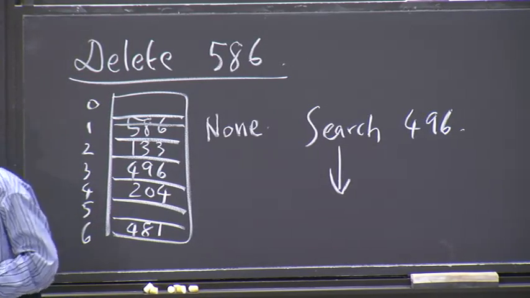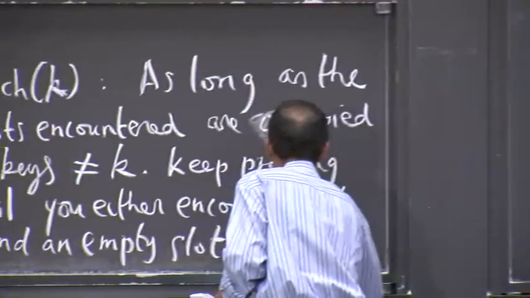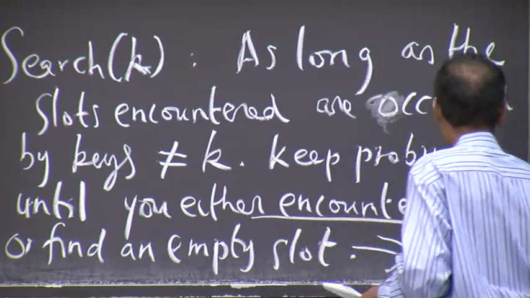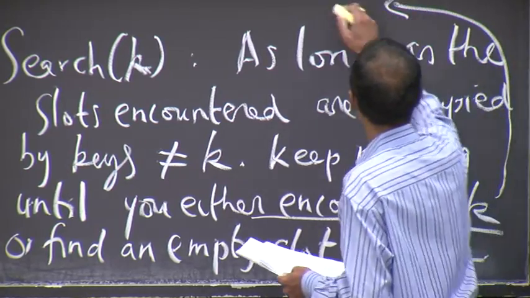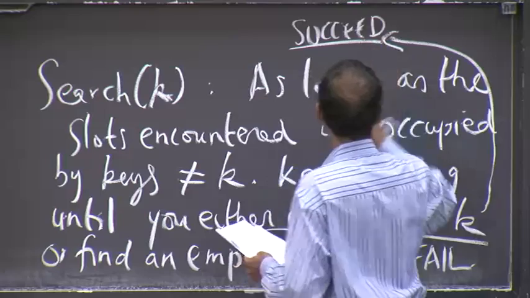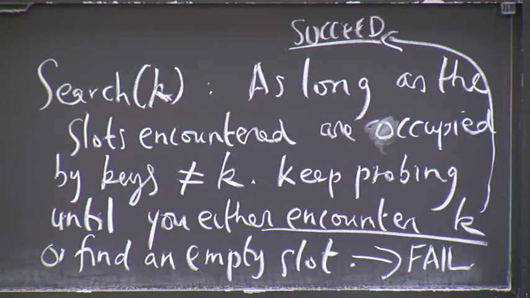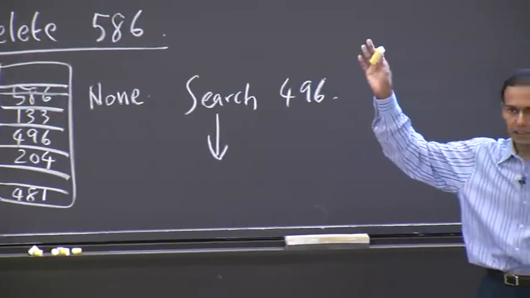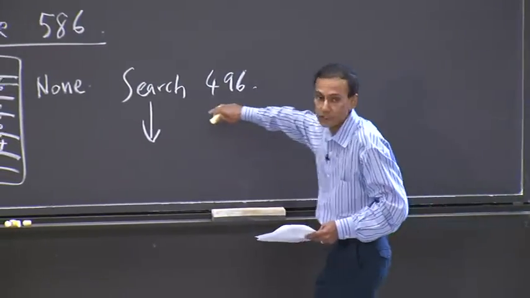And when I find an empty slot, I'm going to say I failed in the search. If you encounter k, you succeed and return the key value pair. Success means you return the value. And if you encounter an empty slot, it means that you've decided that this key is not in the table, and you say, couldn't find it. That makes sense?